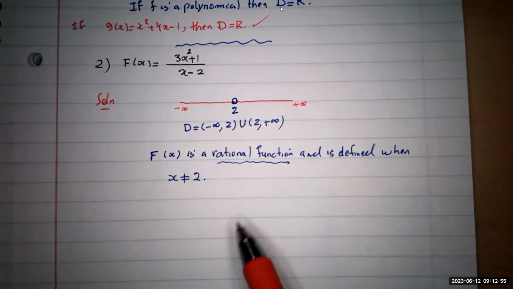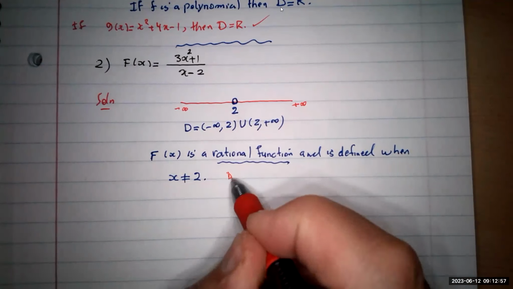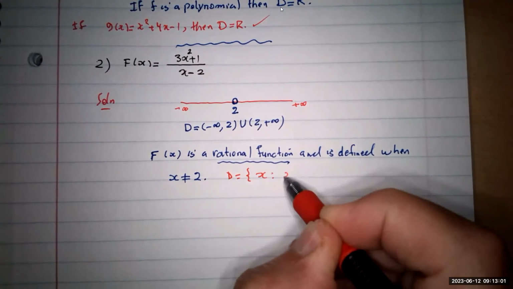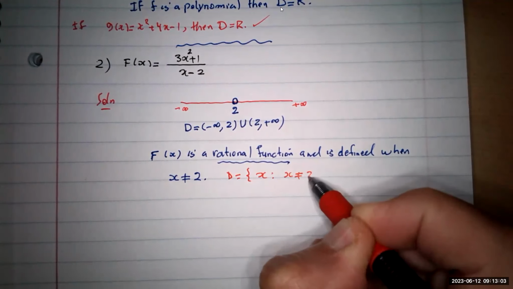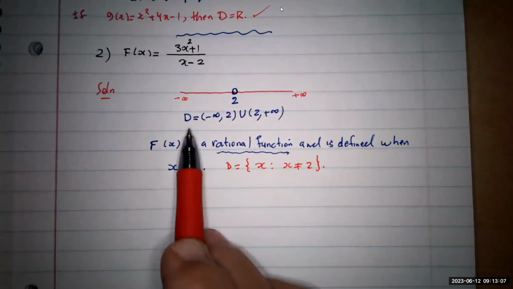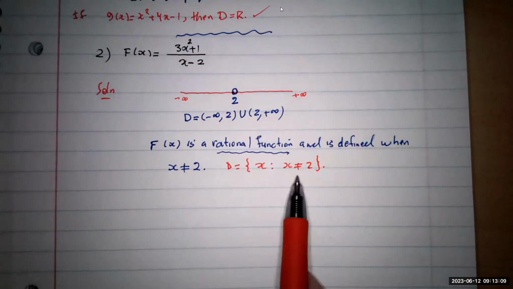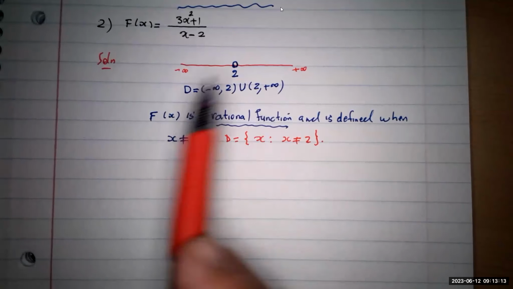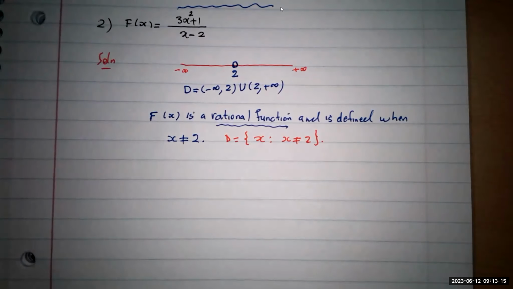Some people also use set notation, x such that x is not equal to 2. Your book uses this notation, but get used to interval notation, because later on we are going to use it for other concepts in calculus, and all those concepts would be explained in interval notation.